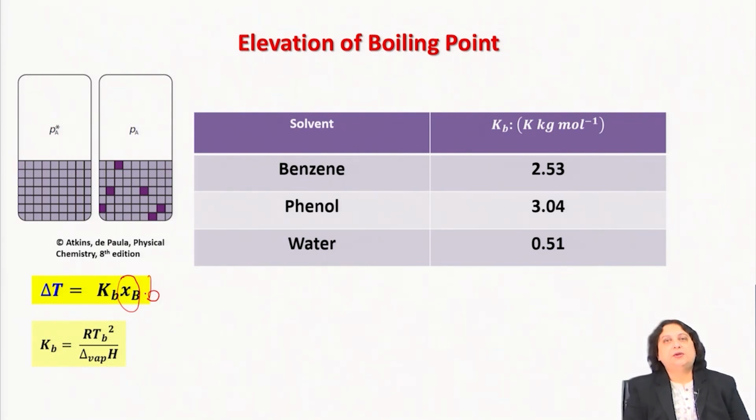The largest empirical boiling constant is given by phenol. And who's having the smallest one? That is water, and benzene is intermediate.